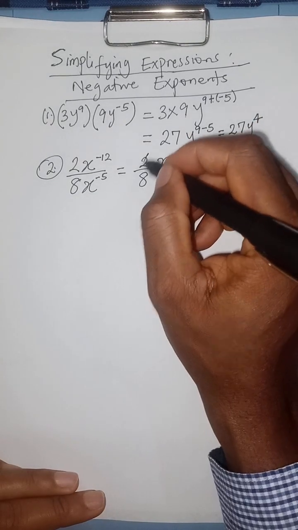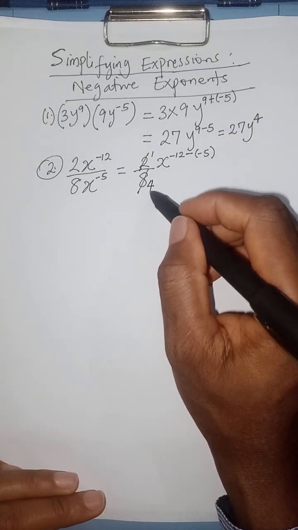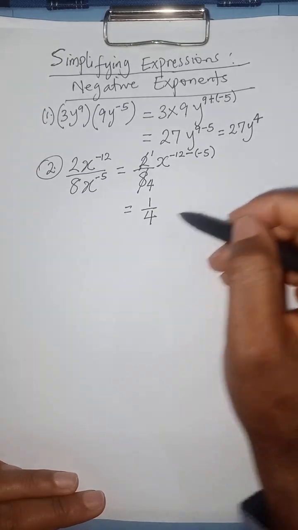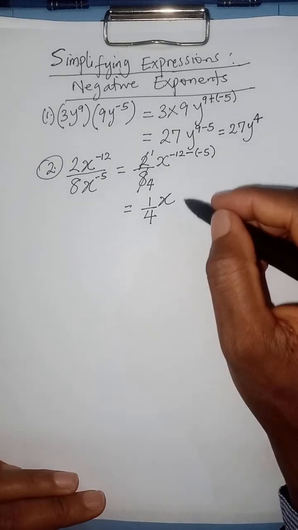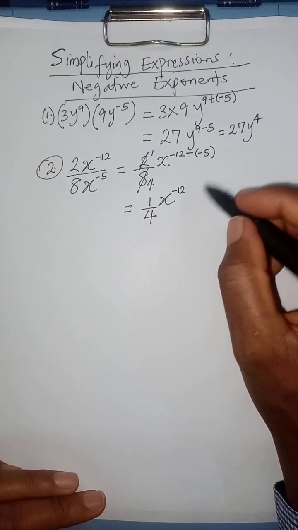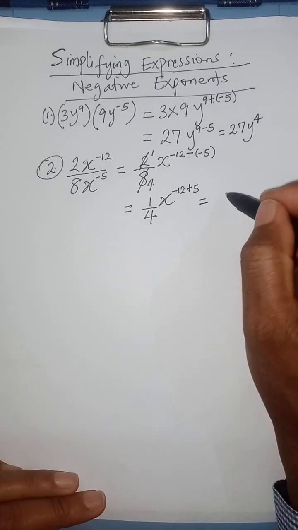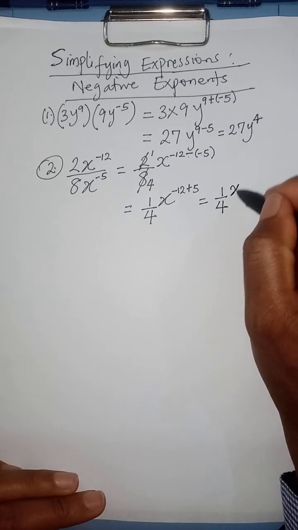This will give you 2 can divide 2 to be 1, 2 can divide 8 to be 4, which is 1 over 4, x raised to power minus 12. This is minus times minus, plus 5. Final answer, 1 over 4 x.